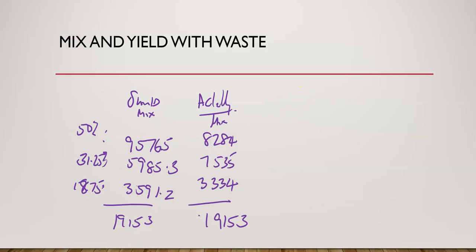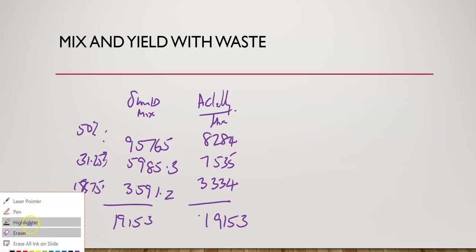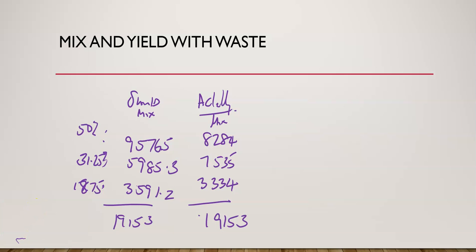Let's look at the variance then. For the first, you used less than we expected, so this is favorable.